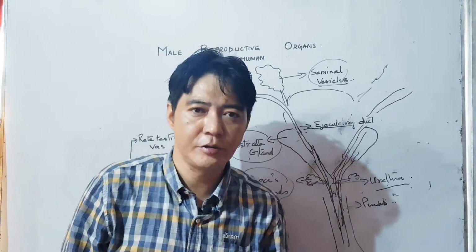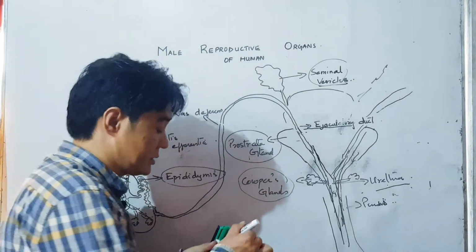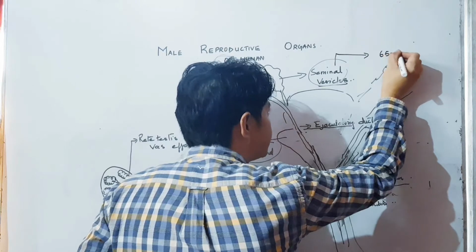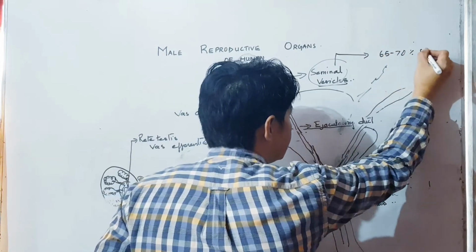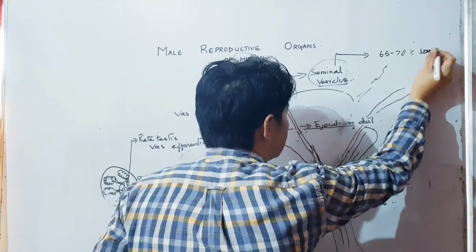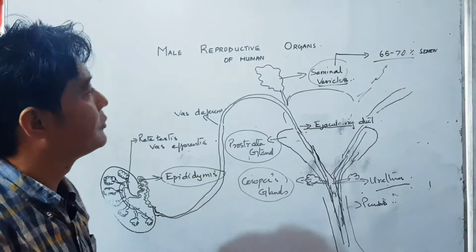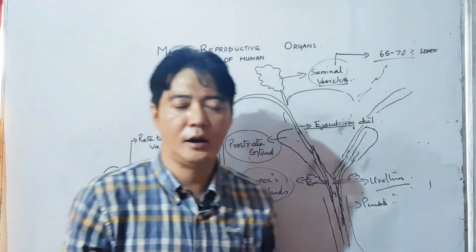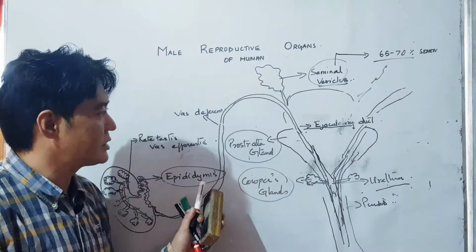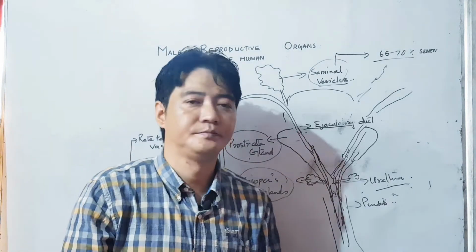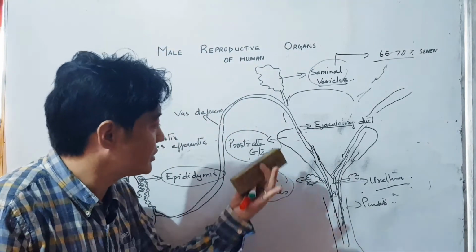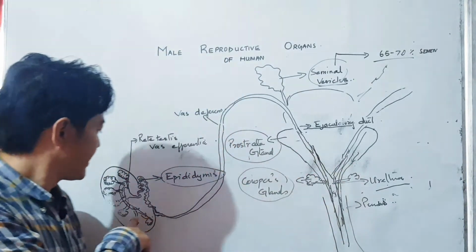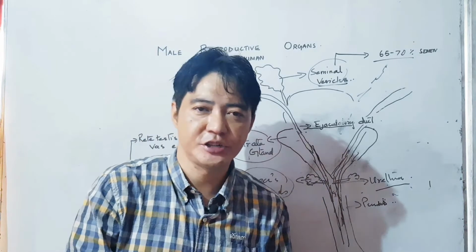The secretion of the seminal vesicles contains 65 to 70% of semen, and the remaining is the secretion of other cells, the sperm, the secretion of other glands, the secretion of Sertoli cells, and the secretion of Leydig cells.